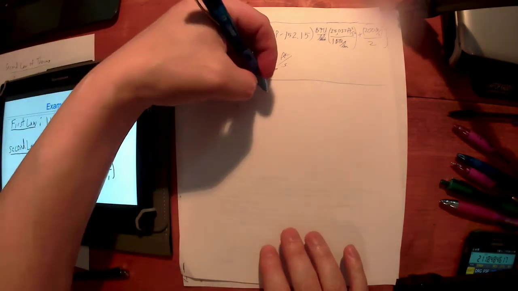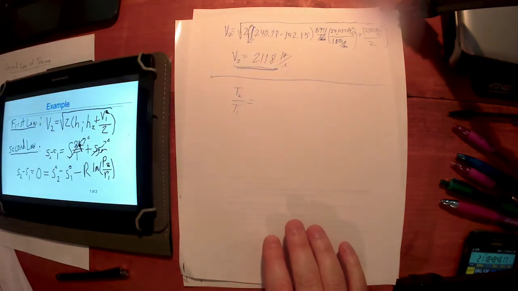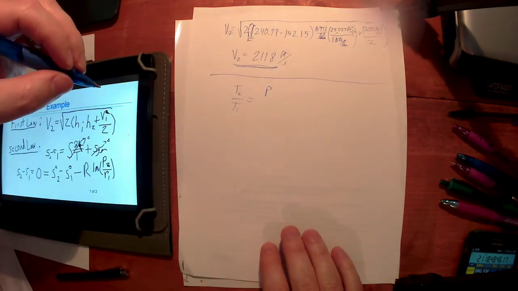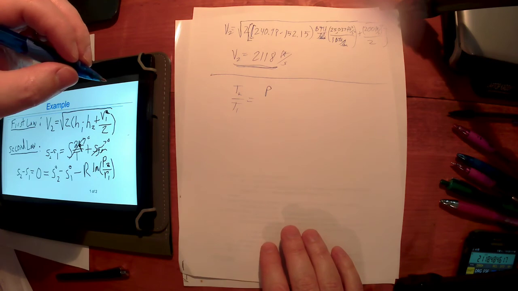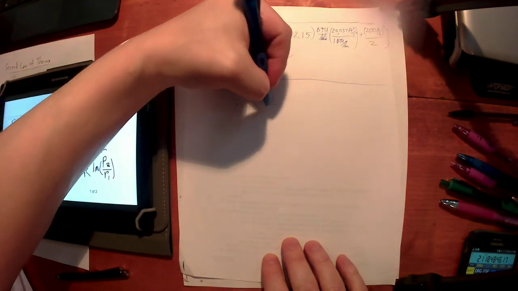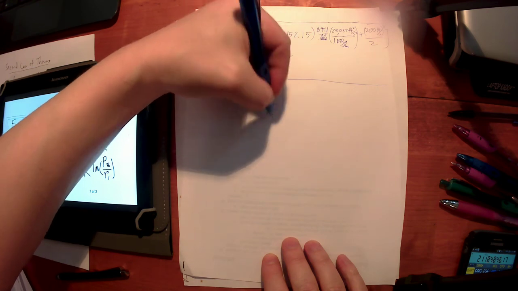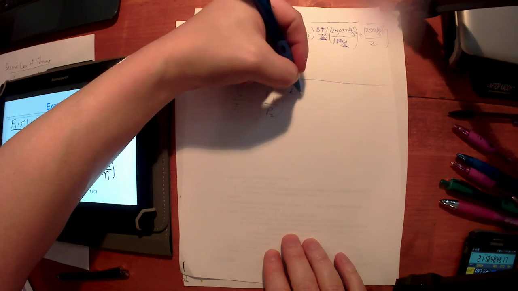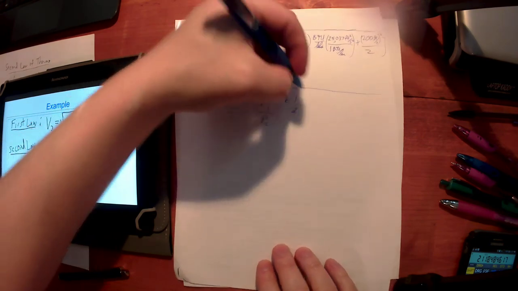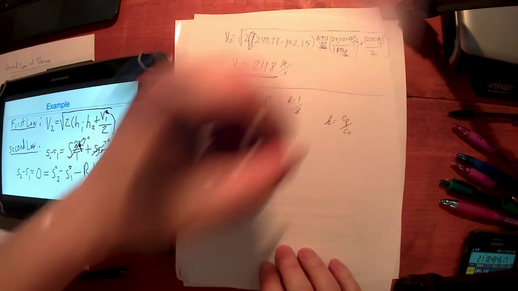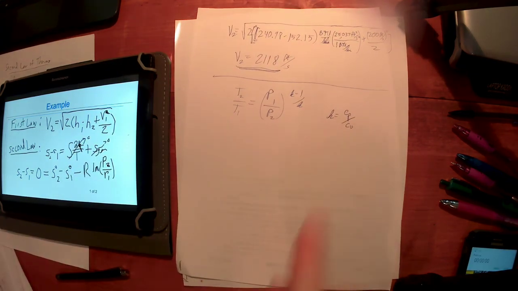Okay, I can say T2 over T1 is equal to P1 over P2 to the power of K minus 1 over K. Now what is K? K is equal to C sub P over C sub V. That's a table property I can go look up.